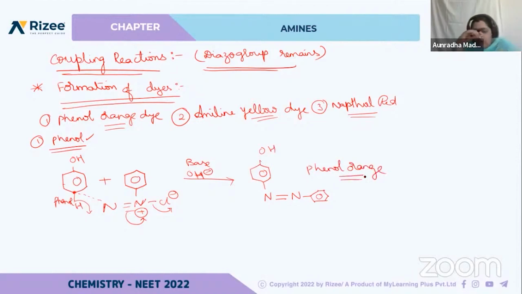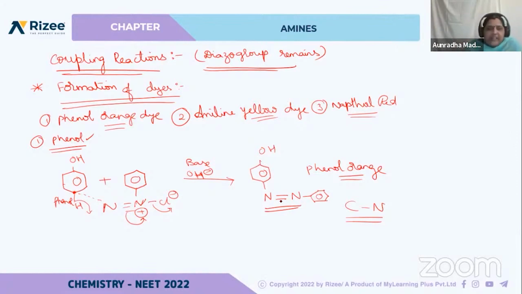This is phenol orange dye. Where the coupling, or where the joint, happened is between carbon and nitrogen, so we can call it CN coupling, carbon and nitrogen coupling. See the product. The diazo group remains here. It doesn't go off. It stays in the product itself. So this is one of the coupling reactions.